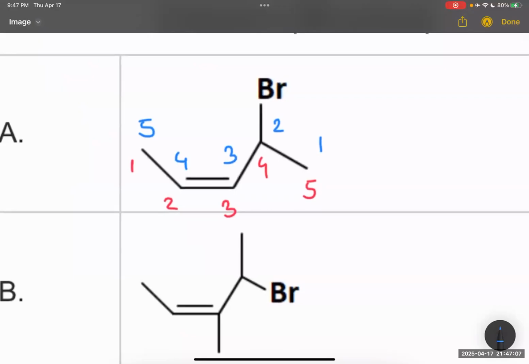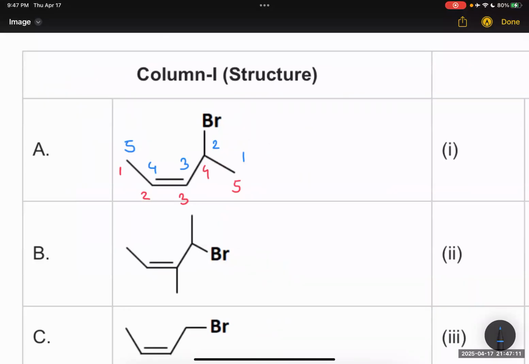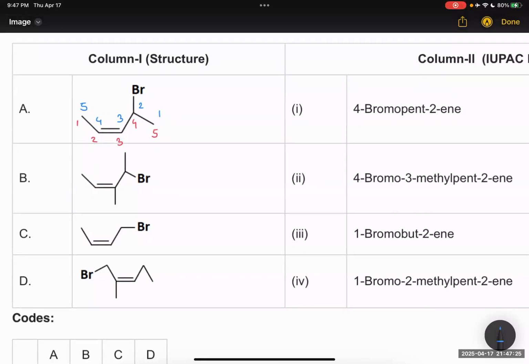Tell me quickly. The red one. The red one is correct because the double bond is getting a lower number. So it is going to be 4-bromo pent-2-ene. 4-bromo pent-2-ene. This is going to be the answer.